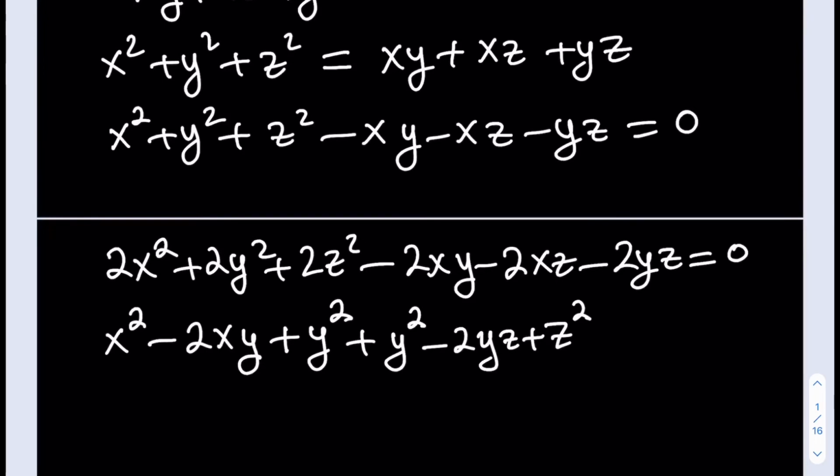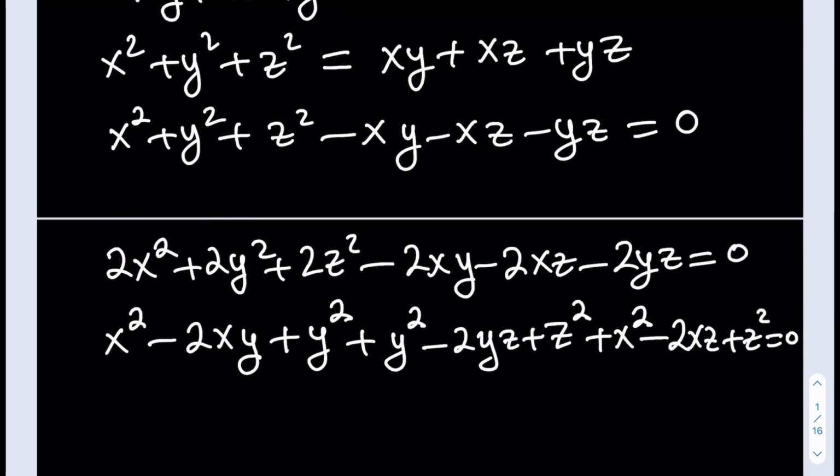Notice that these are completed squares. These are perfect squares, right? Perfect. Now, what I did was I used the y squared twice. I only used x squared and z squared once, meaning that I can use them again. So now I have x squared left minus 2xz left plus z squared, and the whole thing is equal to 0.